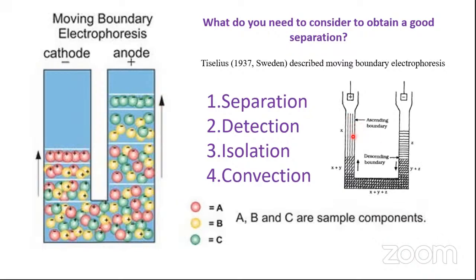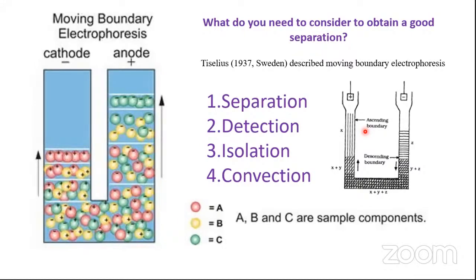Say over here, the fastest of all is the X molecule, which is obviously going to create a boundary which you can track. If you remember, I also told you about the optical arrangement made for detection of this boundary. It depends upon interference optics, which detect the change in the refractive index of the solution.